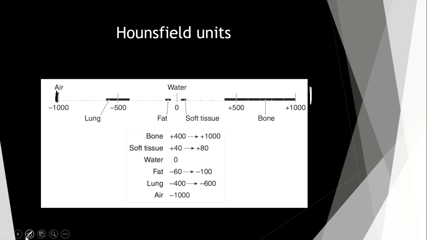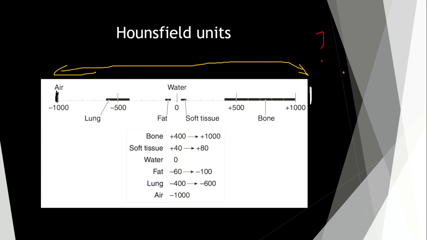Between them we have many different shades of gray. But our eye can differentiate only nearly 30 shades of gray. Not 2000, only 30.